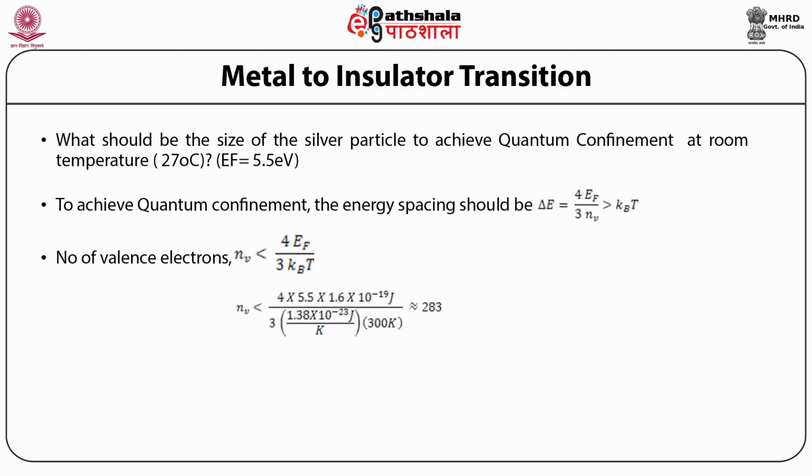Now, putting the values of EF, that is 5.5 electron volt, to convert it into joules we multiply it by 1.6 multiplied by 10 to the power minus 19, and putting the value of kB as 1.38 multiplied by 10 to the power minus 23, and the temperature as 300 Kelvin.